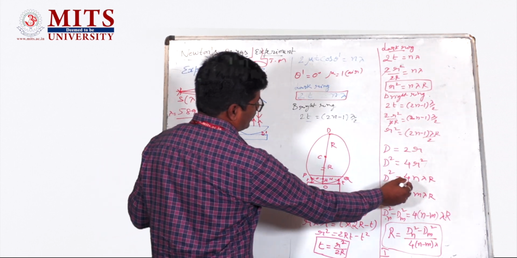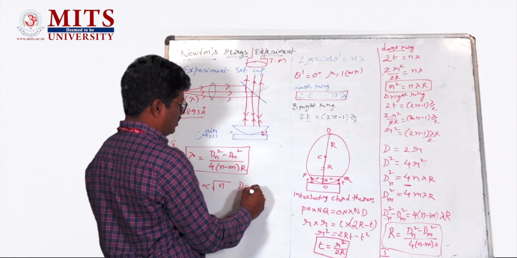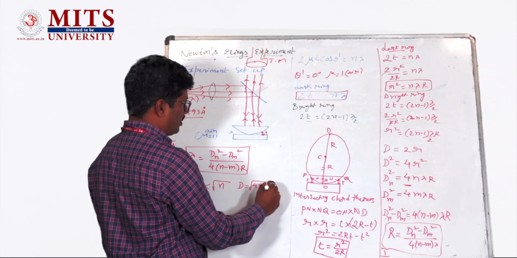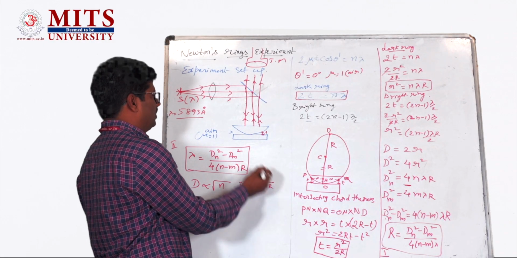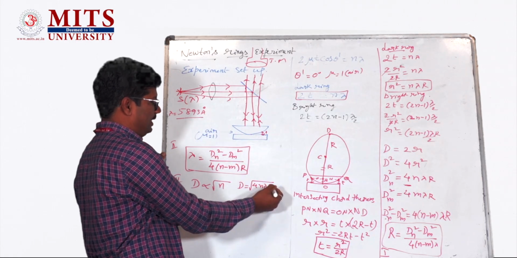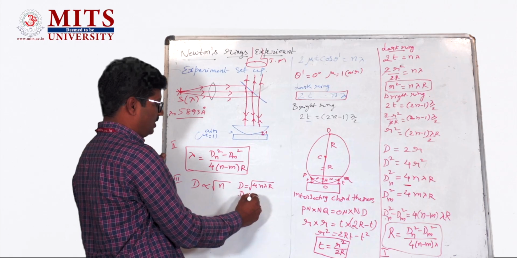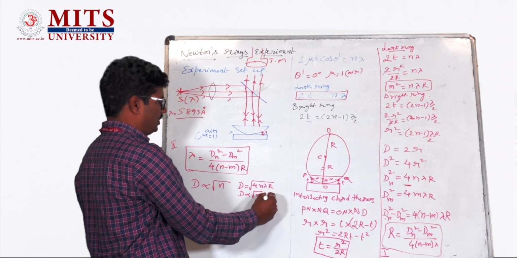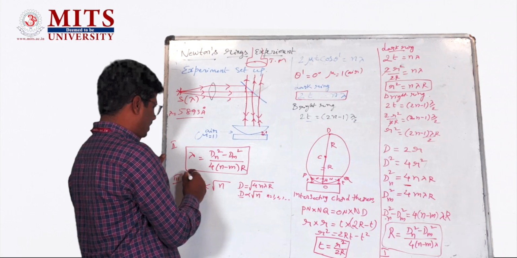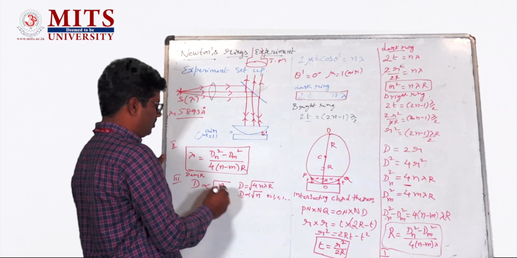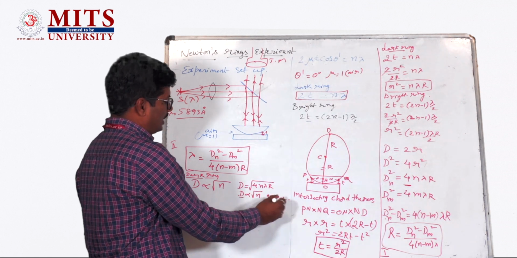If you take this equation, the diameter is square root of 4n lambda R. 4 is a number, lambda is fixed for one light, and the radius is also fixed for one plano convex lens, so it is obviously directly proportional to square root of n, where n is 1, 2, 3. So the diameter of the dark ring is directly proportional to the square root of natural numbers.